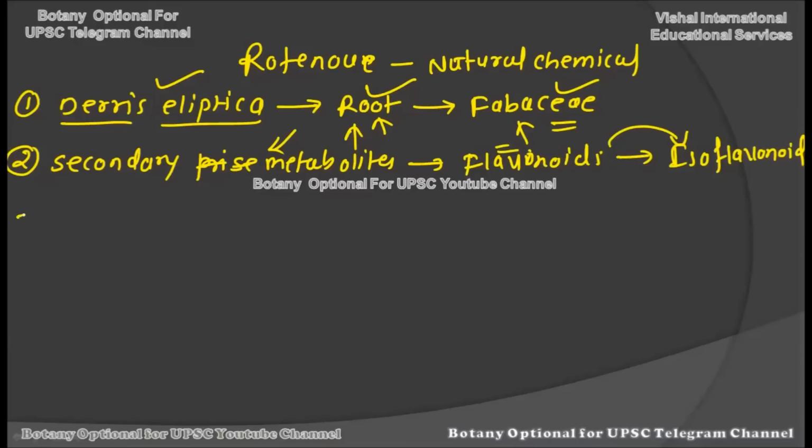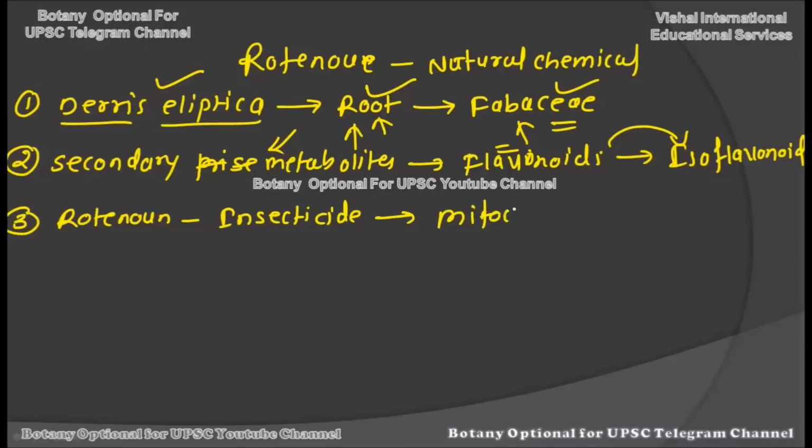Now consider the third point, which is the most important, its insecticidal importance. This rotenone chemical compound is a powerful insecticide. It can literally kill insects when they come in contact with rotenone. And how does it work? It interferes with the mitochondrial electron transport system.